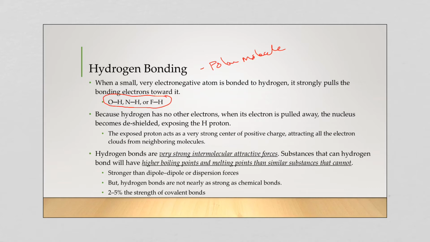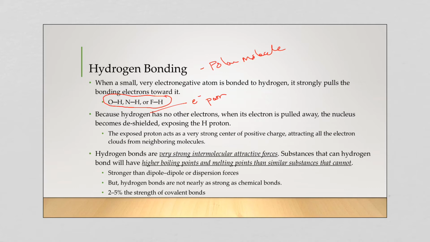Now, why does this happen? Well, if we have a really electronegative atom attached to hydrogen, it means that the electrons are going to be pulled strongly toward that electronegative atom, and it's going to make the hydrogen what we call electron poor. Hydrogen just has the one electron. It doesn't have other core electrons.